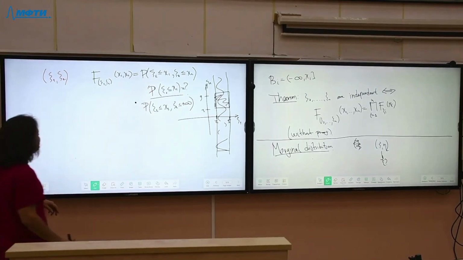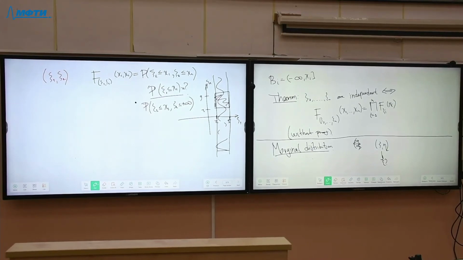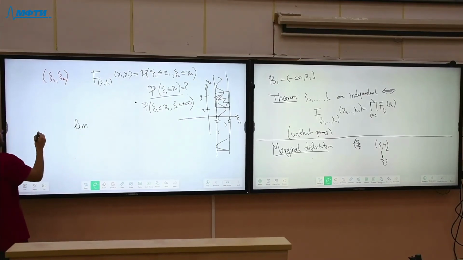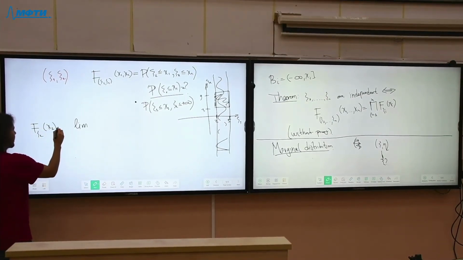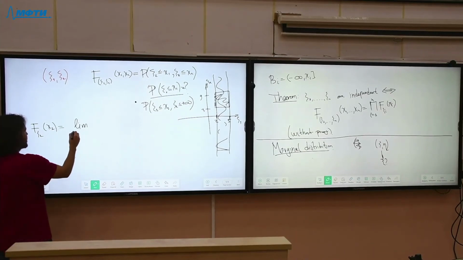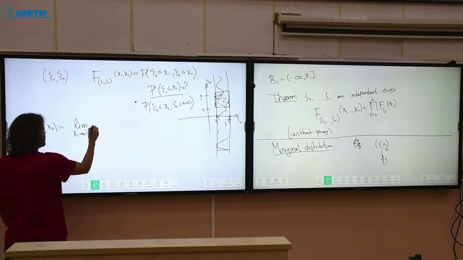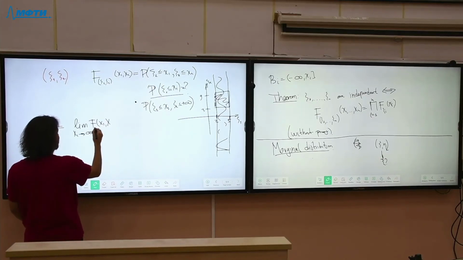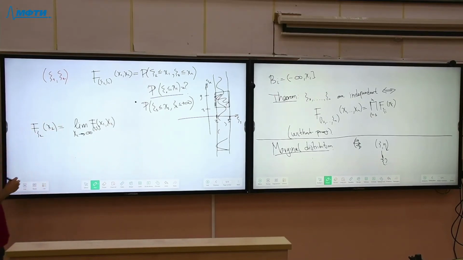And formally, how do we write that? The marginal distribution of psi 1, F of x1, is the limit when x2 tends to plus infinity of F of psi 1 and psi 2 at x1 and x2.